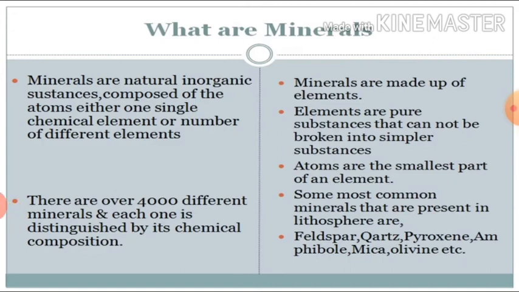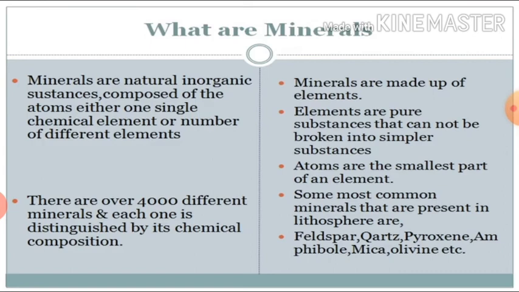Minerals are natural inorganic substances composed of the atoms of either one single chemical element or a number of different elements. There are over 4,000 different minerals and each one is distinguished by its chemical composition.